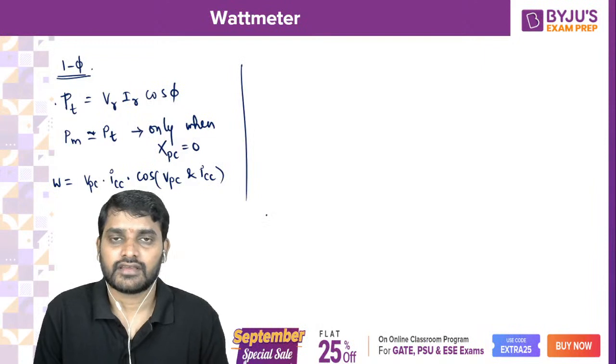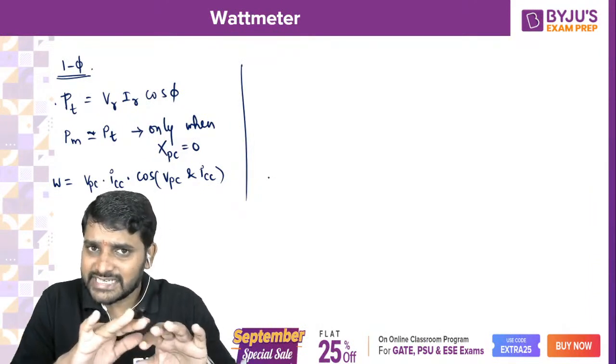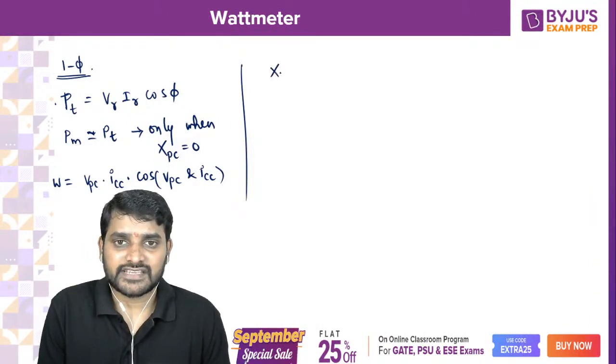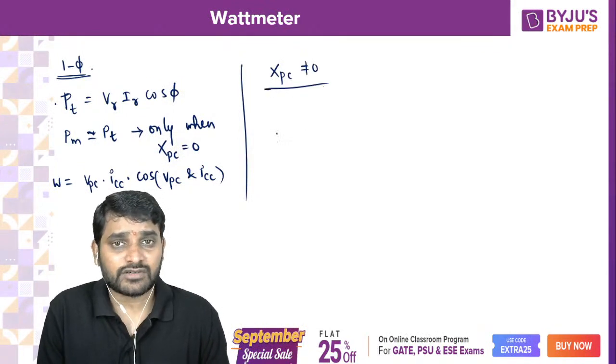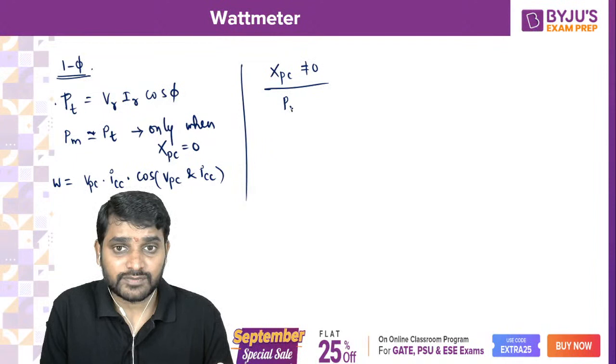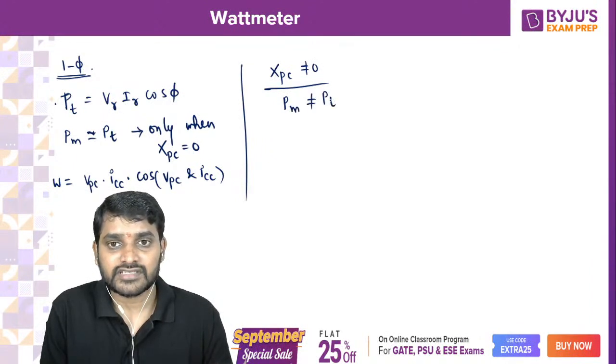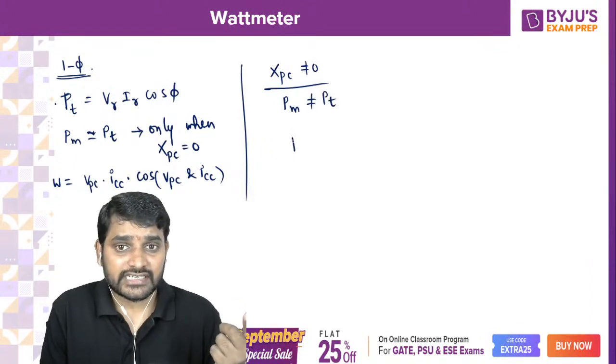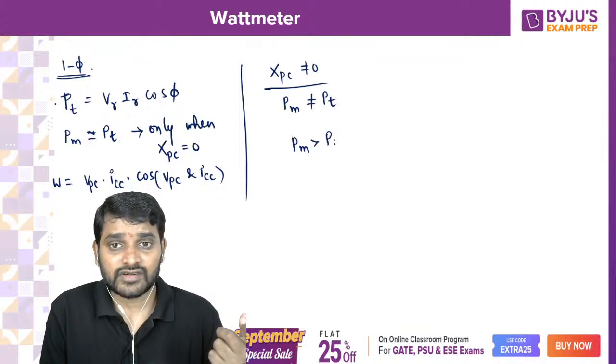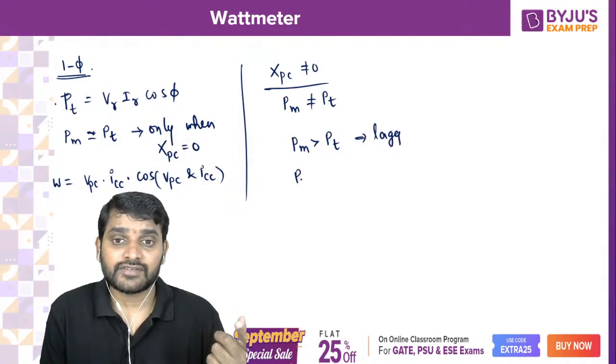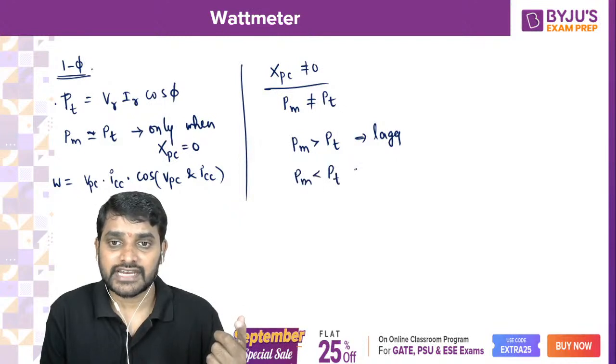Now XPC will definitely not be 0. If XPC is not equal to 0, definitely PM is not equal to PT. You are going to get measured power greater than true power for lagging loads, and measured power less than true power for leading loads.